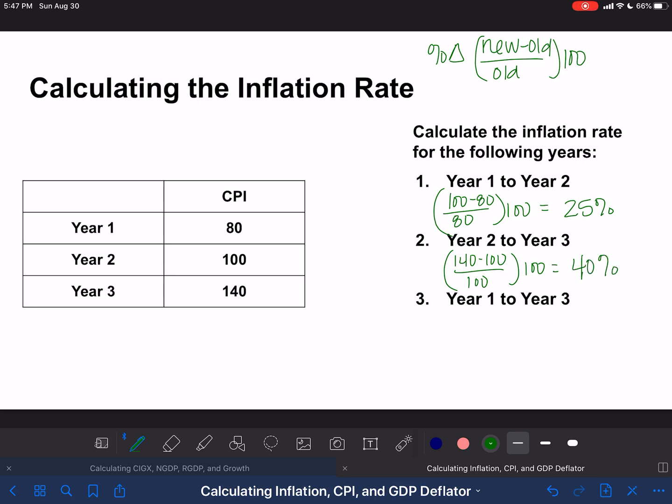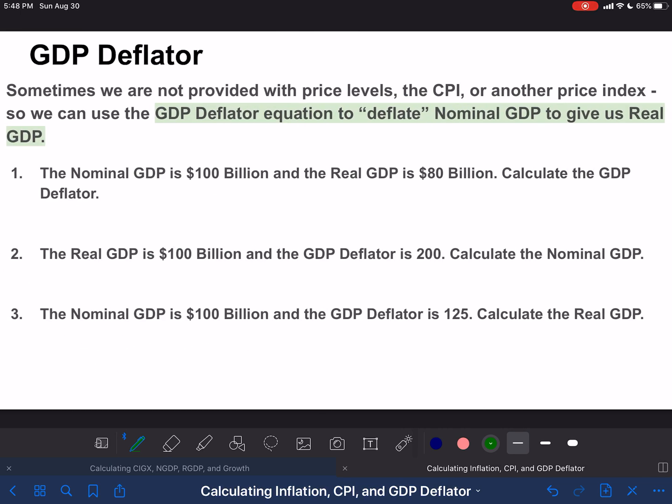And then year 1 to year 3 will be 140 minus 80 over 80 times 100 equals 75%. So the inflation rate from year 1 to year 2 is 25%, year 2 to year 3 is 40%, and then year 1 to year 3 is 75%.